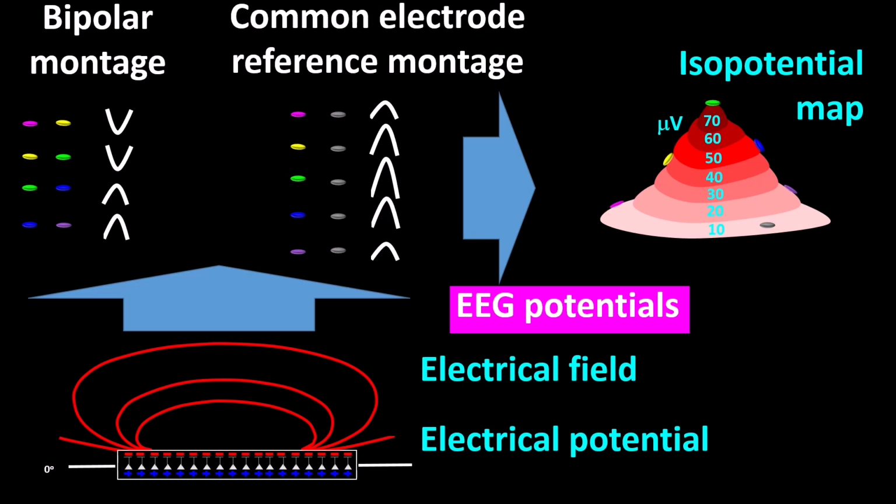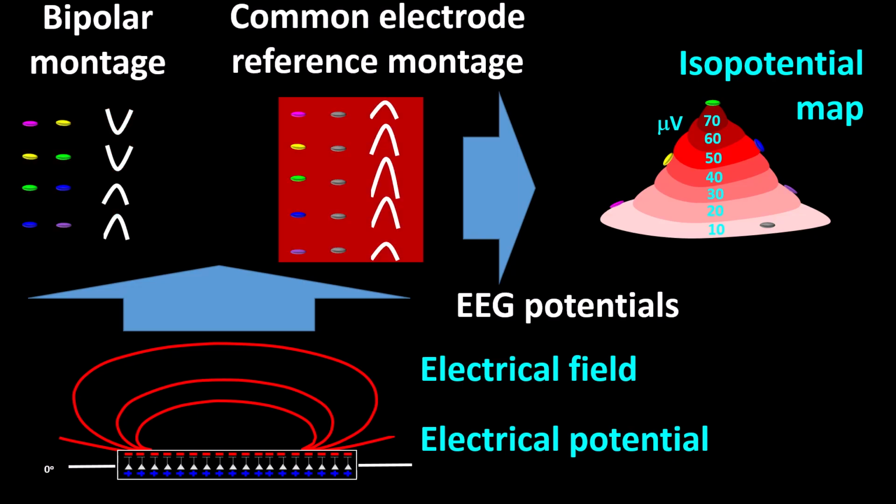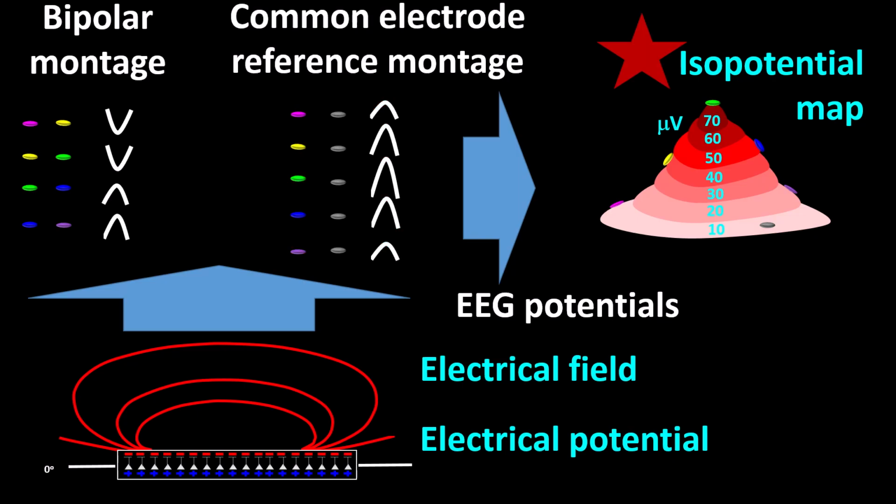These EEG potentials will appear as waves that have a very different arrangement depending on the type of montage we have used to collect them. When these potentials are captured using a bipolar montage, they will look one way. When they are captured using a common electrode reference montage, they will look another way. They will nevertheless translate to the same isopotential map.